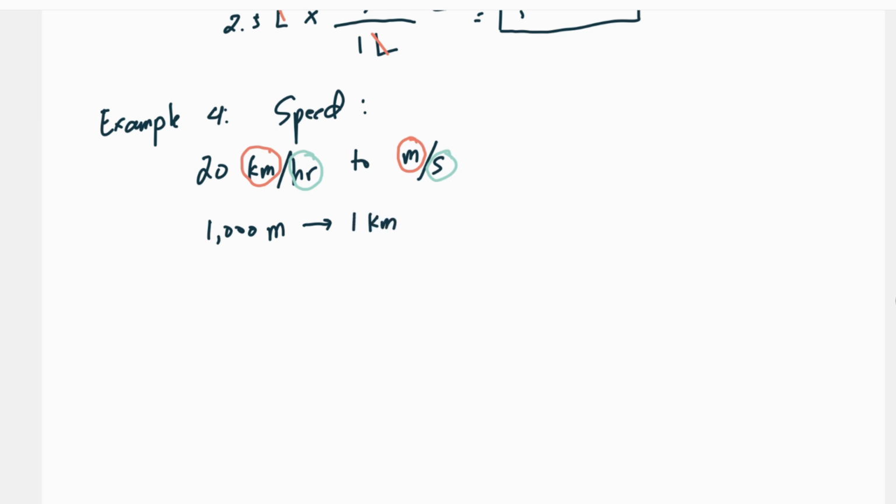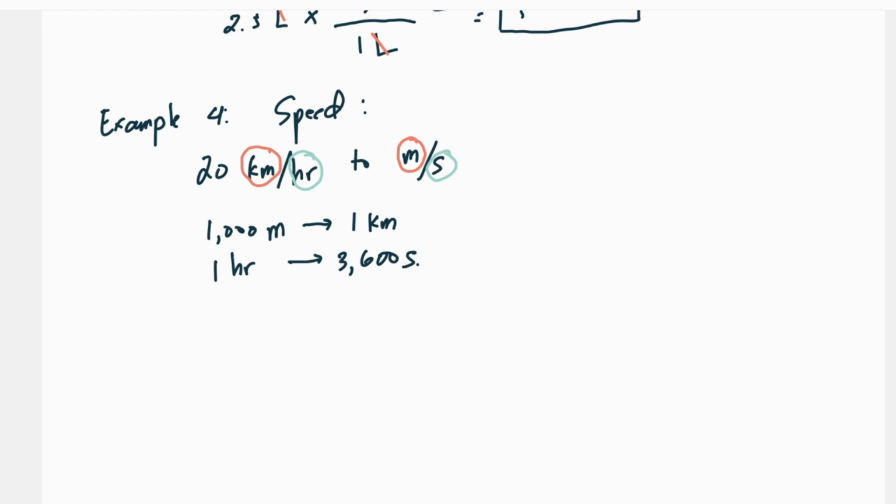Okay? So that's our first conversion factor. The second one is we know that 1 hour is equivalent to 3,600 seconds.